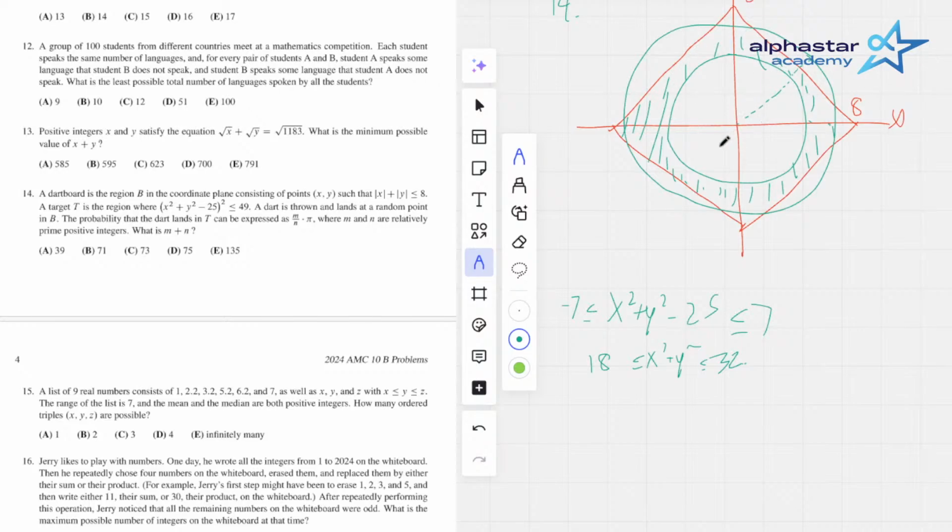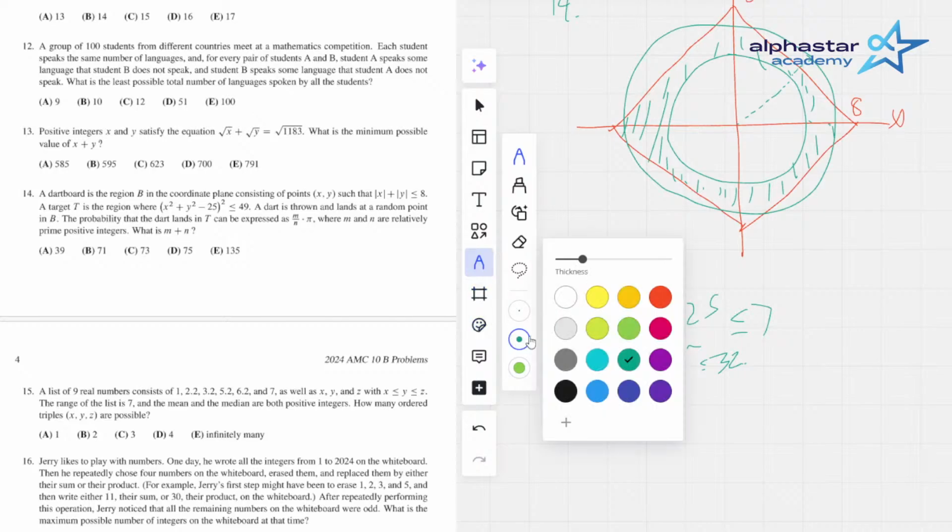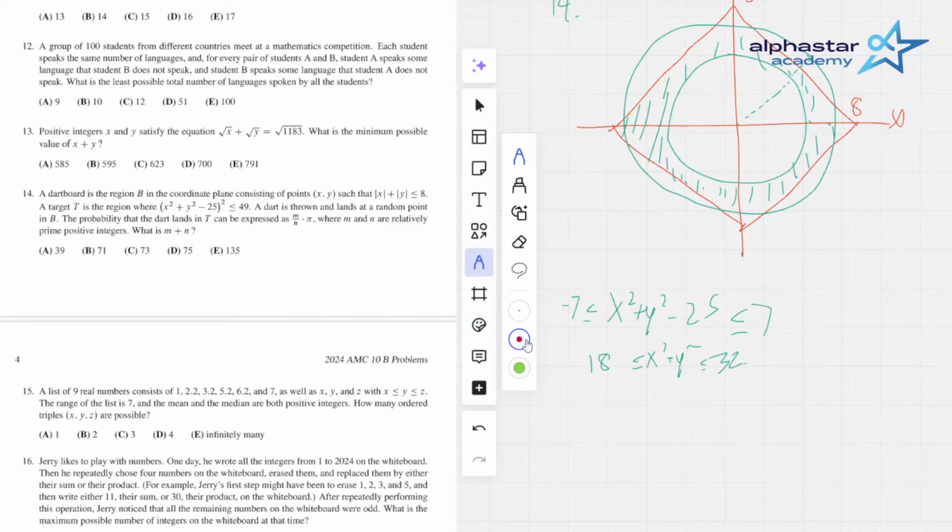The way to compute this is to draw extra radii. Always draw radii when you can. Remember that this outer radius is 5 root 2. And we know that this height is 4 root 2, which makes this 3 root 2. So that is a 3, 4, 5 triangle there.